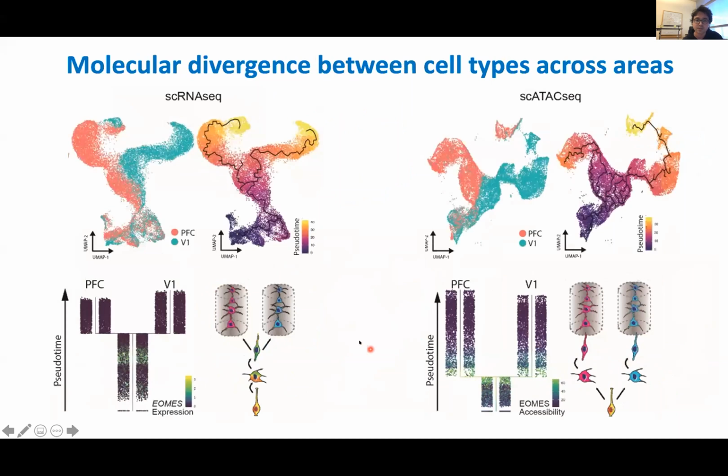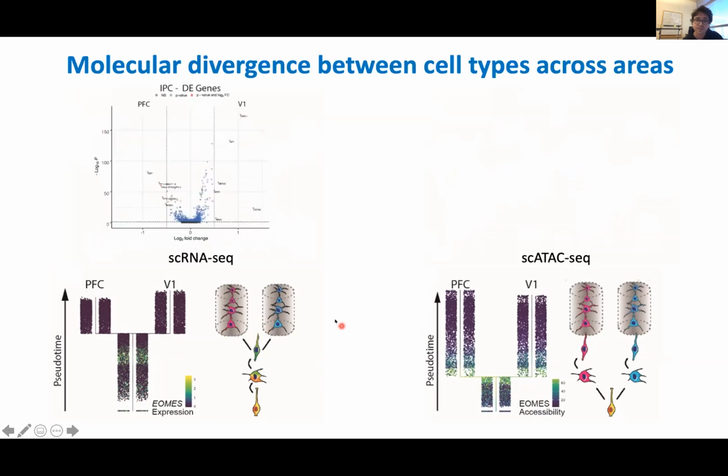So putting the models side by side, we think that there is a remarkable difference in that chromatin state changes foreshadow the emergence of these distinct excitatory neuron lineages in the human cerebral cortex. Importantly, transcriptional differential expression analysis in intermediate progenitor cells does identify subtle differences.